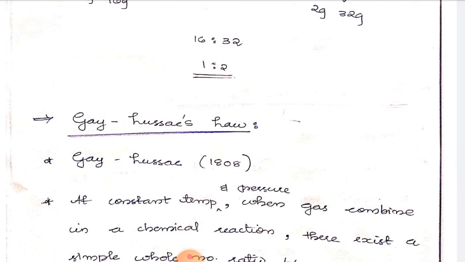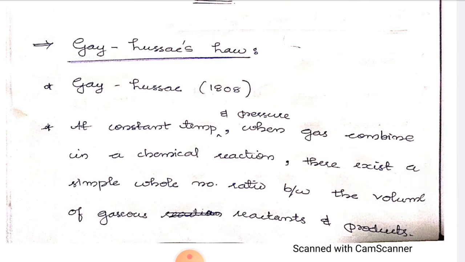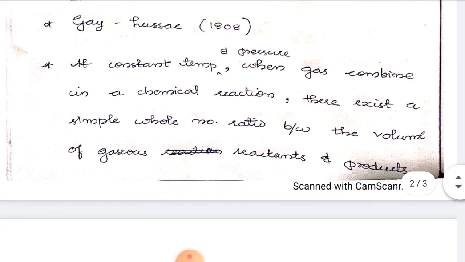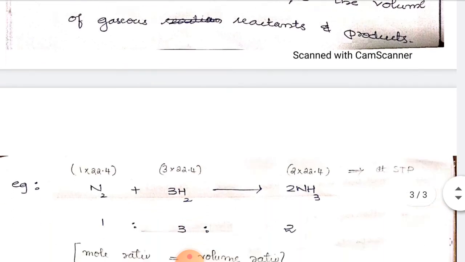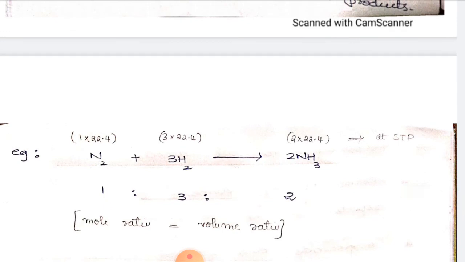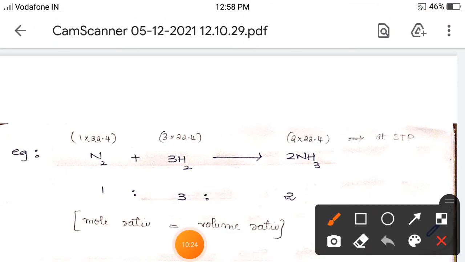Now the next law is Gay-Lussac's law. It was proposed by Gay-Lussac in 1808. This law states that at constant temperature and pressure, when gases combine in a chemical reaction, here we can see one example, formation of ammonia. 1 mole of nitrogen gas and 3 moles of hydrogen gas combine to form 2 moles of ammonia.